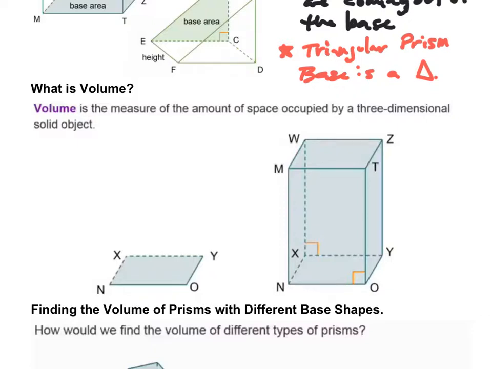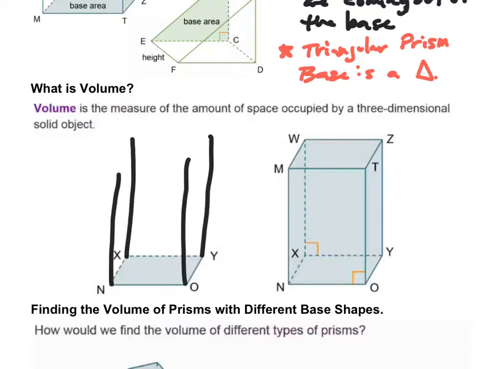We have this area of the base, and we take these lines and bring them up, and we end up getting another shape. If we extrude that up, we get an actual three-dimensional shape.